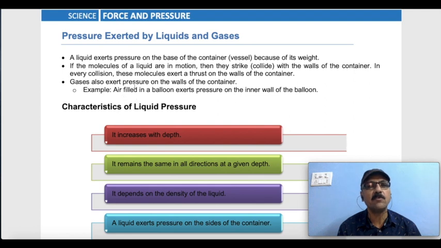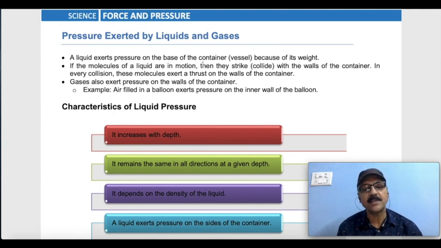In every collision, these molecules exert a thrust on the wall of the container. Gases also exert pressure on the walls of the container. For example, air filled in a balloon exerts pressure on the inner walls of the balloon. Liquid exerts pressure on the base of the container because of its weight.